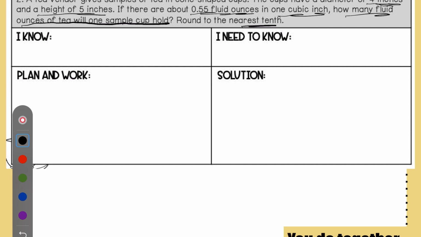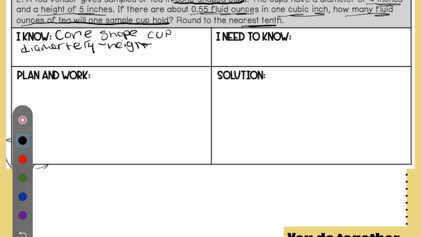So what we know is that it is a cone-shaped cup. Our diameter is 4. Our height is 5. And then we have 0.55 fluid ounces in a cubic inch.